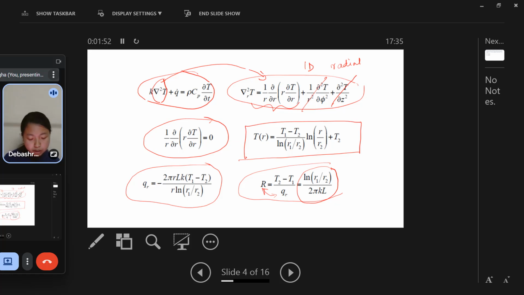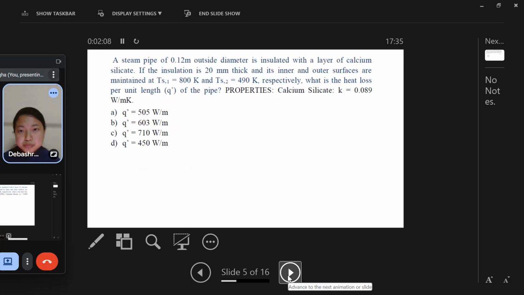Resistance comes out to be ln of R1 by R2 divided by 2 pi KL. These are the formulas we might be using today. In just one page, I have given you the formulas that will be required.